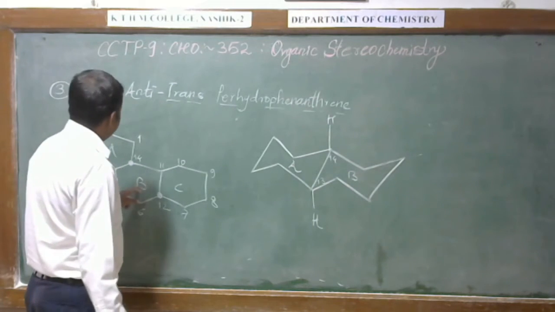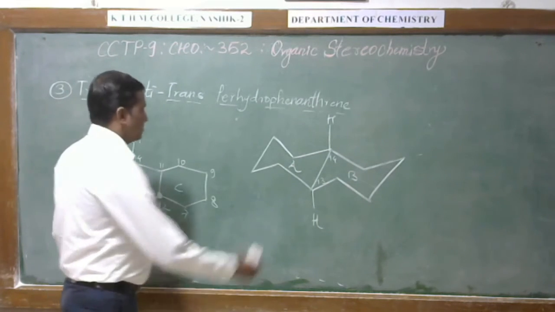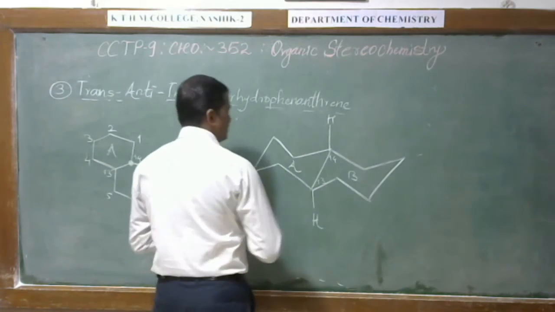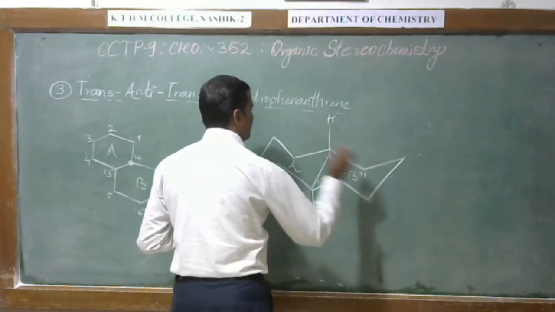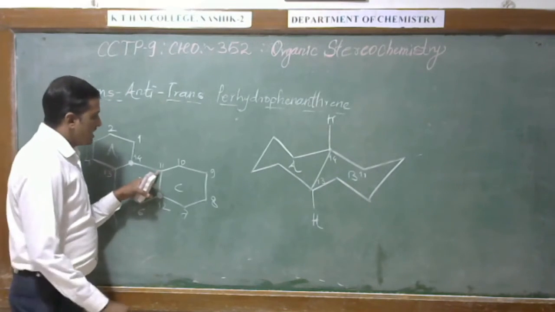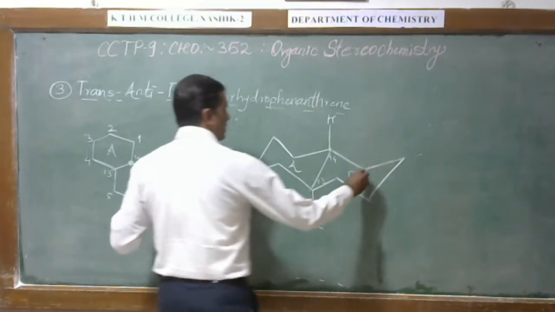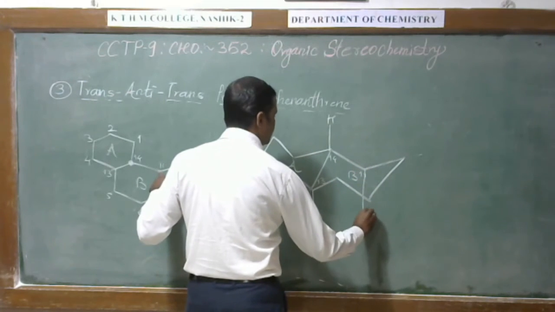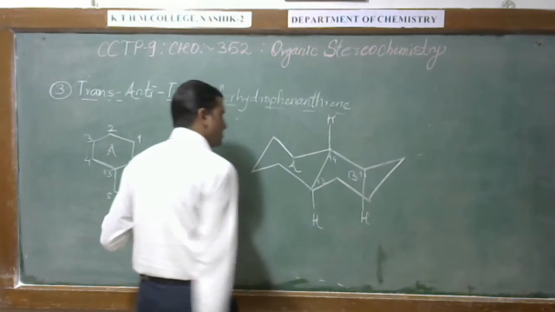Now the next carbon, number 11, is here, which shows that there is absence of dot, means hydrogen is present below side, at axial position.